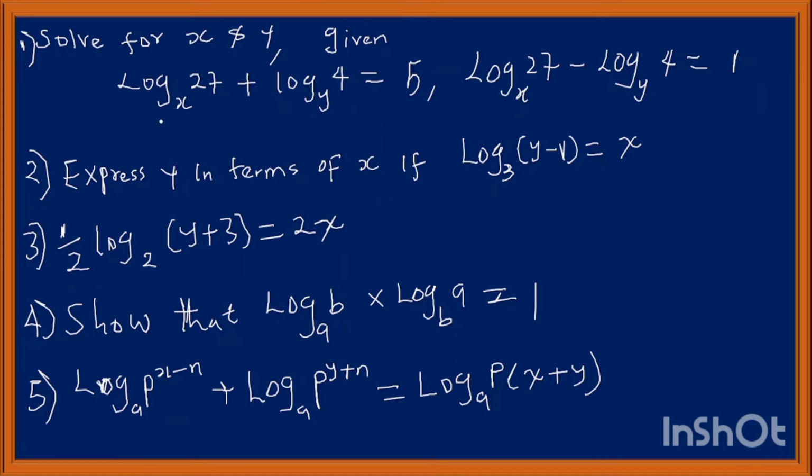Solve for x and y given log 27 base x plus log 4 base y is equal to 5, and the second. So let's solve the first one. We have two equations.